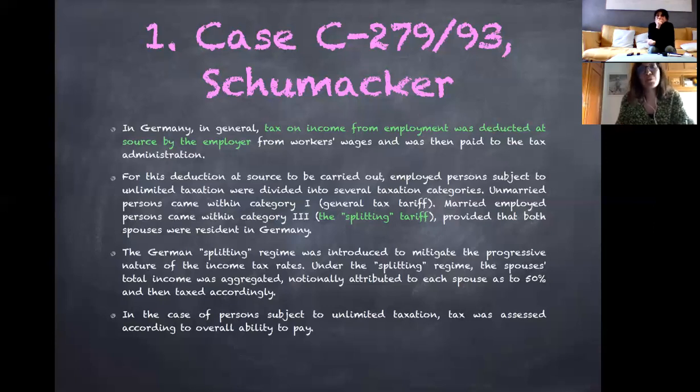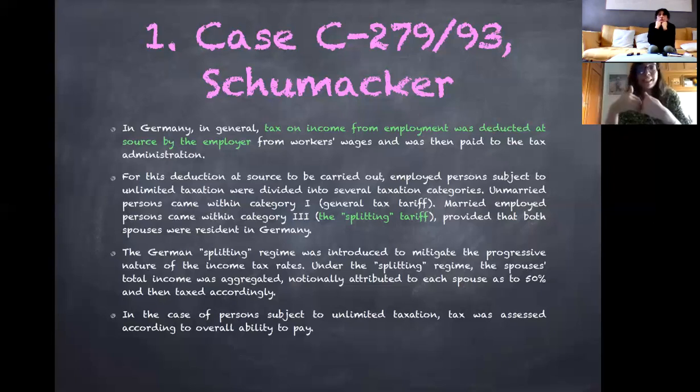And this was a system which was followed to eliminate or reduce the progressive effect of taxation. So for singles, category 1, and for couples, category 3, with this split system, the functioning was very simple.